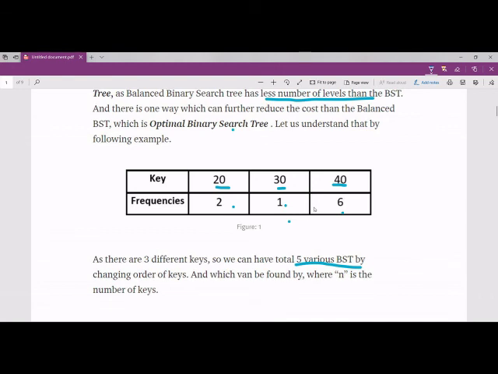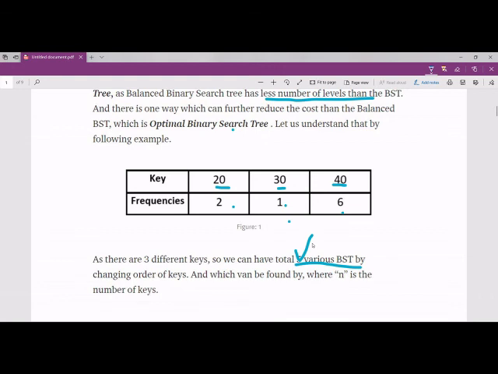By using these three nodes and the various keys, we can construct 5 different binary search trees. So how is it so? How can we construct the binary search trees, and how can we know how many binary search trees are possible? For that there is one formula.